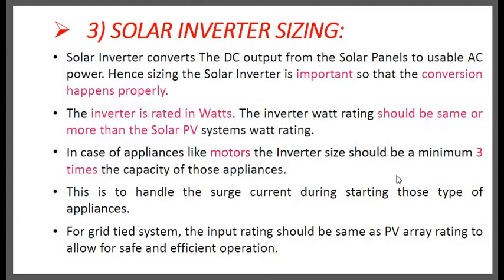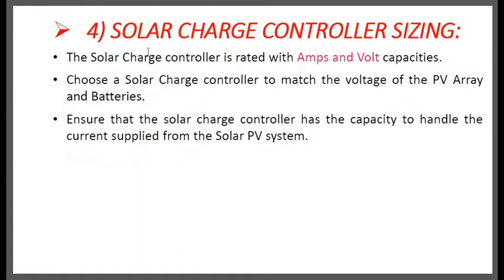This is to handle the surge current during starting of those types of appliances, because we know that the starting current of motors is higher, so we have to select a higher rating inverter. For a grid-tied system, the input rating should be the same as the PV array rating to allow for safe and efficient operation. Now the fourth one is solar charge controller sizing.